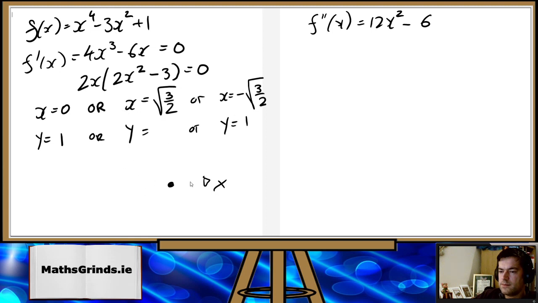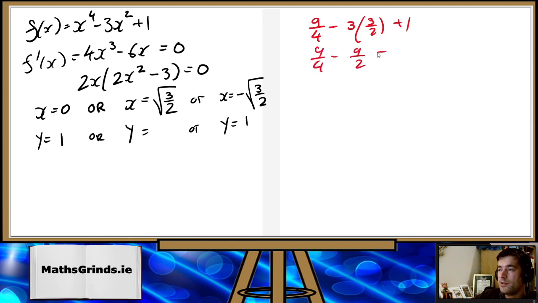That's wrong. Let's try that again. 9 over 4 minus 3 times 3 over 2 plus 1. It's 9 over 4 minus 9 over 2 plus 1. That's 9 over 4 minus 18 over 4 plus 1, which is 4 over 4.